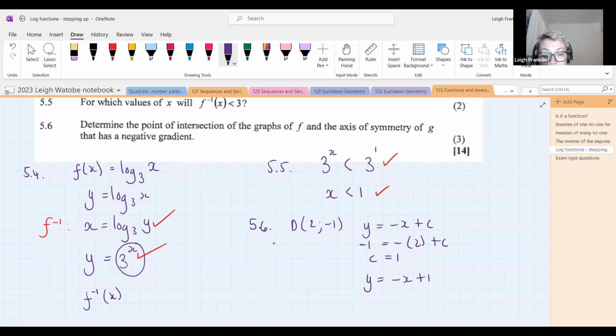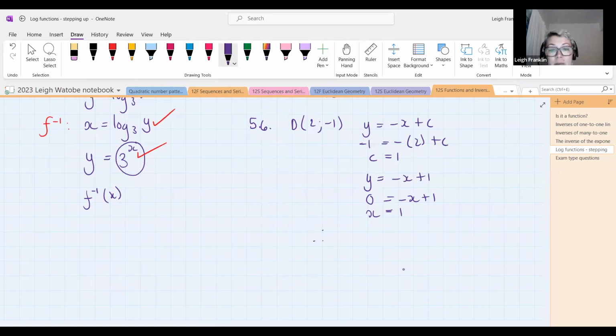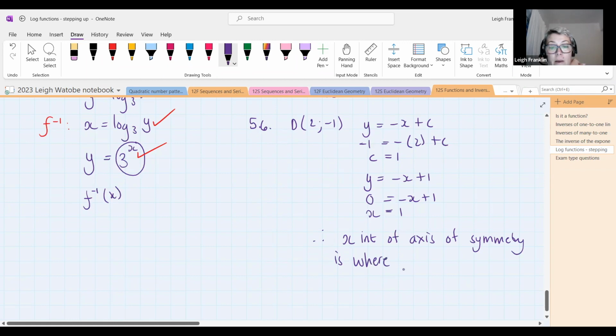For its x-intercept, make y equal to 0. Take the x over to the other side. And what that means is that, therefore, the x-intercept of the axis of symmetry is where x is equal to 1.